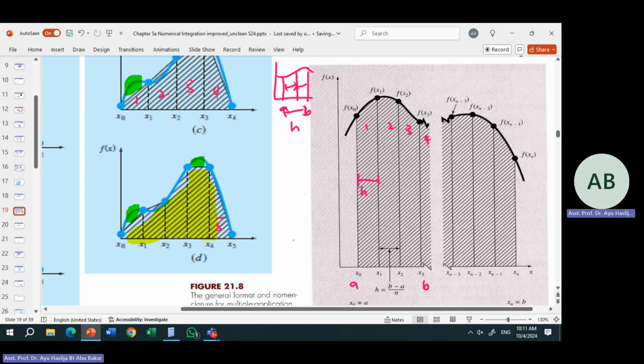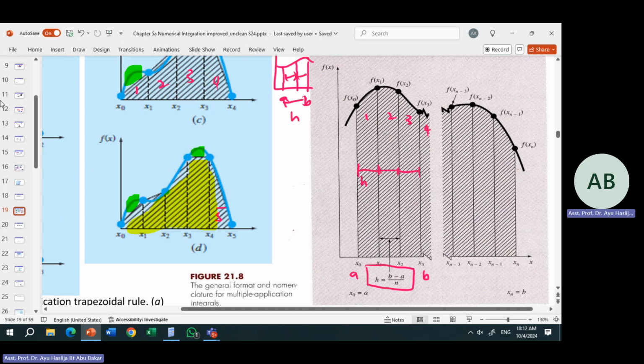Now how to find the h is this equation: b minus a over n, the segments. Then you get your h for each segment. The higher the order, the smaller the h. Clear? Now I move to the next slide.